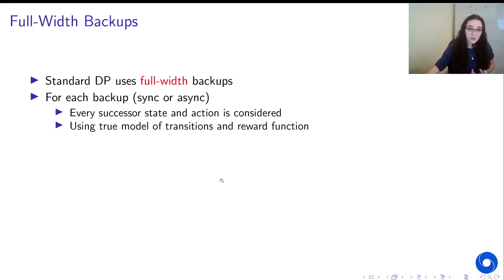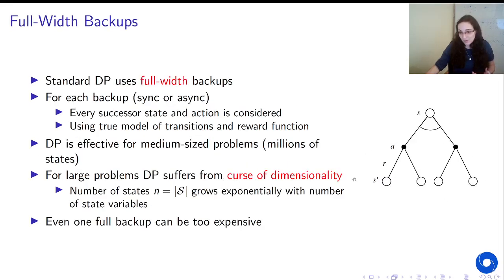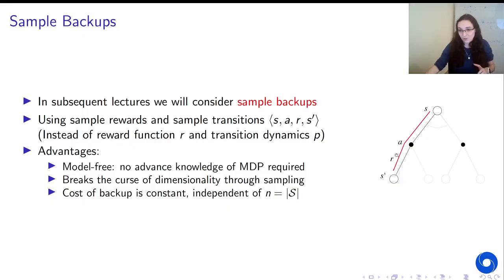So the idea here is, instead of doing this full backup of looking at all the actions and all the states that follow state S in order to update it, we're just going to look at sample versions of this.